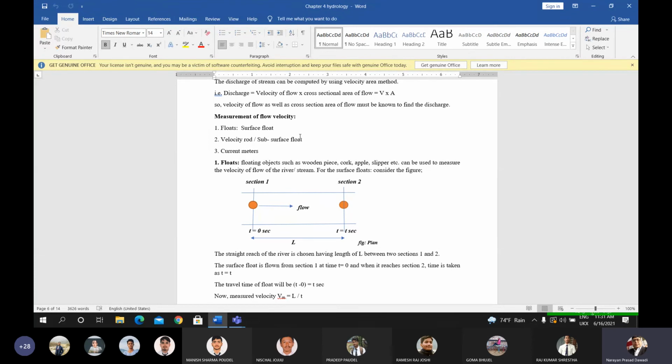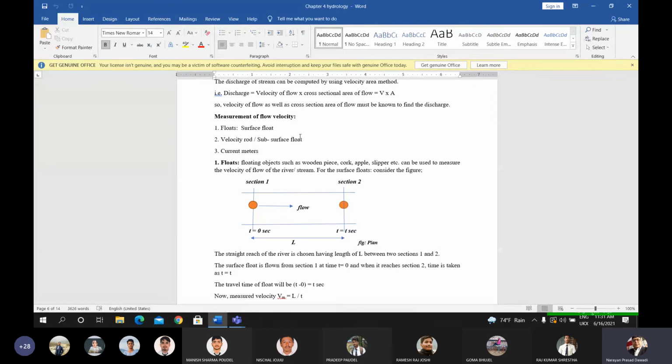The velocity of flow is calculated by the formula V measured is equal to distance by time of travel of the float from section 1 to section 2.